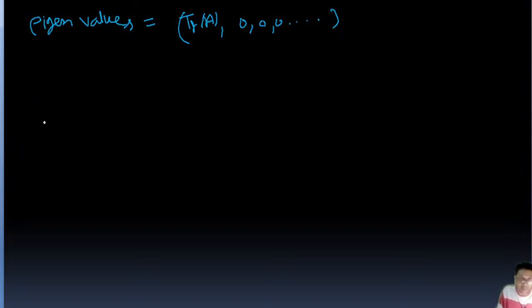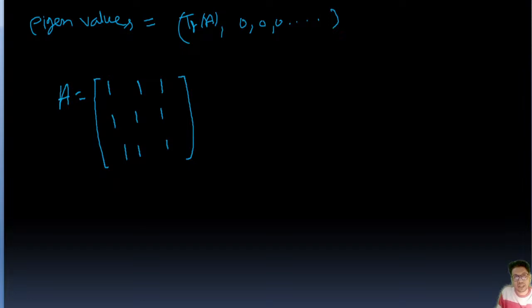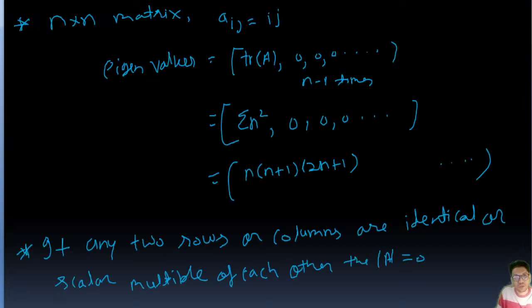Okay, so I'll give an example. For example, A is 1 1 1, 1 1 1, 1 1 1. Okay, this is the matrix, and we can see any two rows or columns are identical.